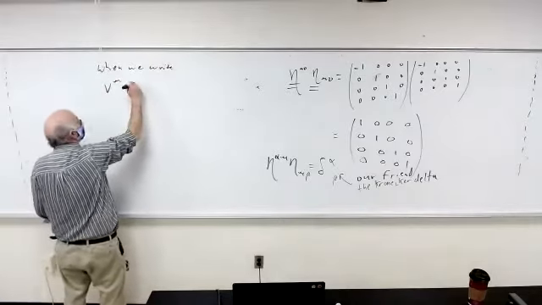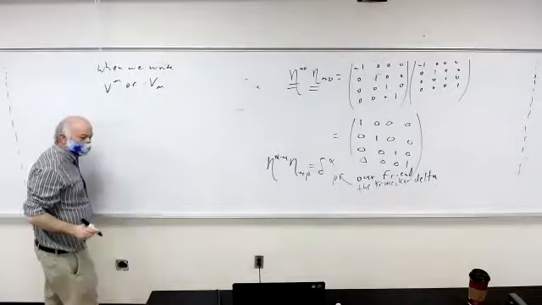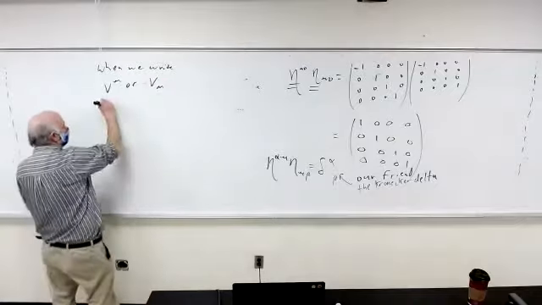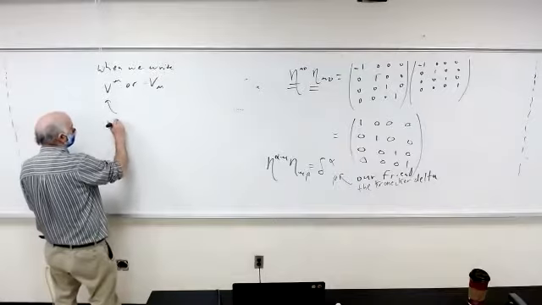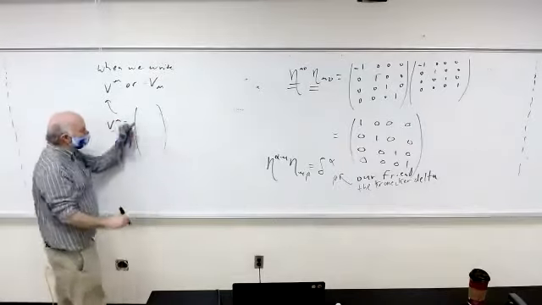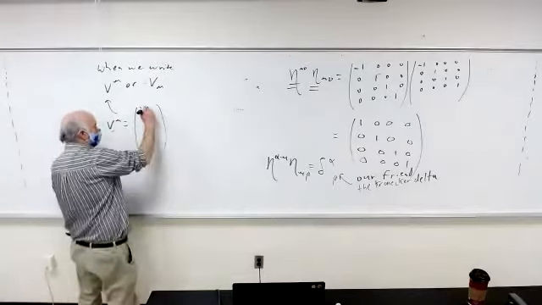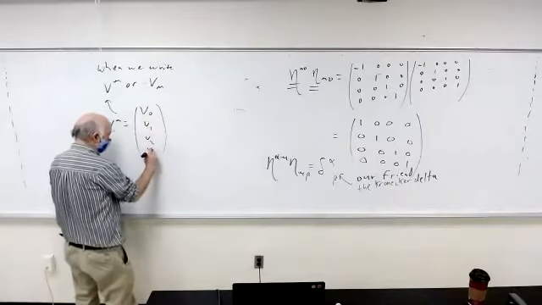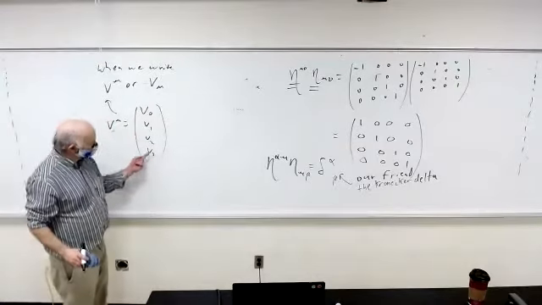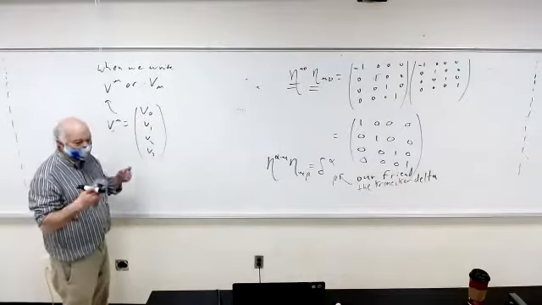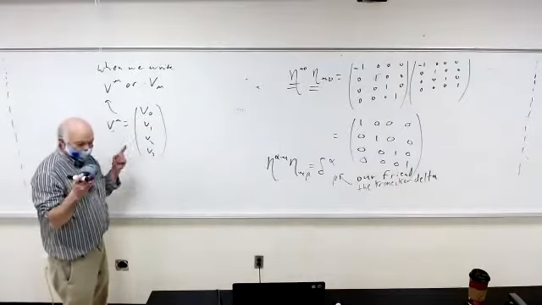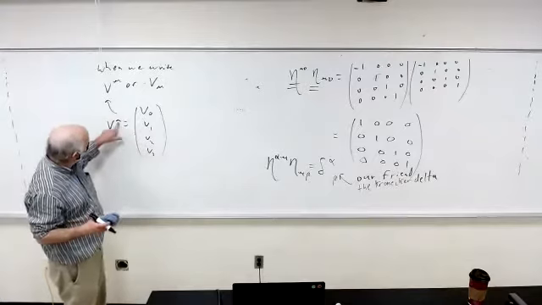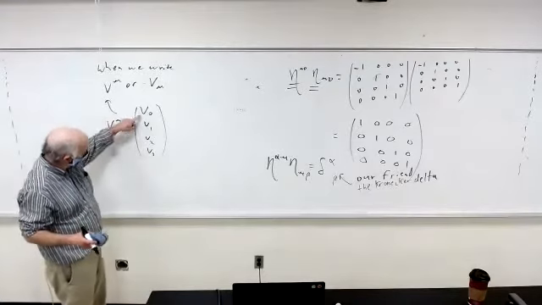V upper mu or V lower mu. What it really means is that with V upper mu, all the components are going to be positive. So this would be V0, V1, V2, V3. Notice this index here doesn't mean anything covariant or contravariant; it just means the components. The contravariant part is the fact that these are all positive.